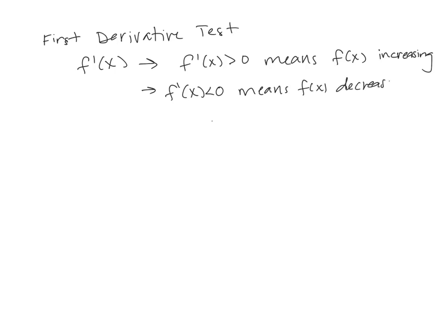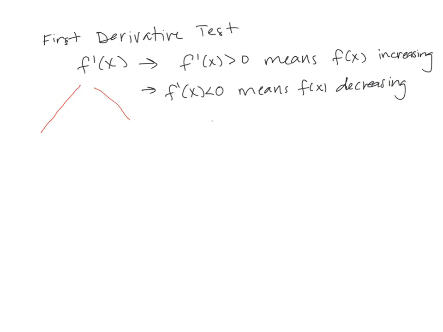And that is not new news, okay? That is old news. You used that news to help you answer questions on your quiz, right? So if I have that f of x is increasing, then the slope would be positive. If I have that f of x is decreasing, then the slope would be negative, okay?